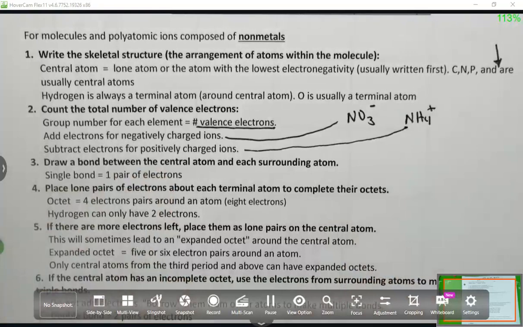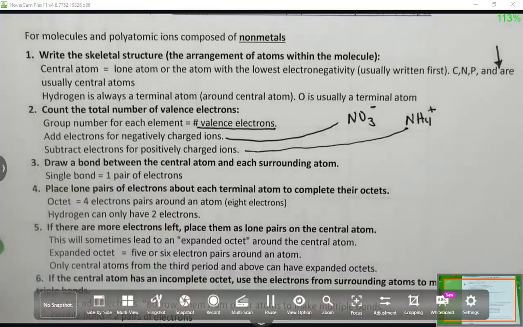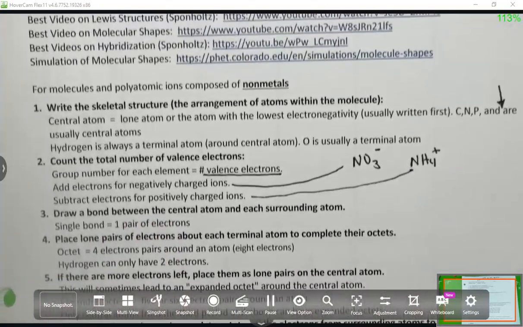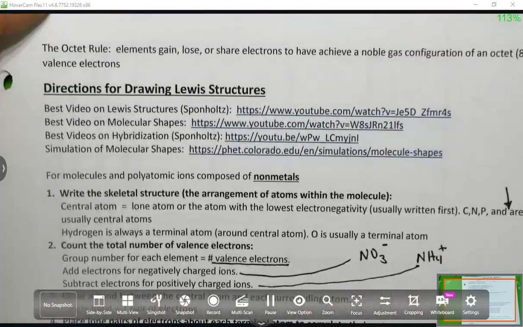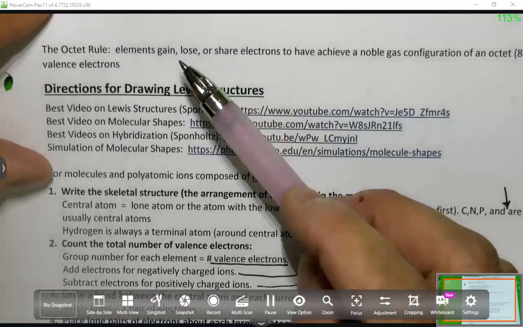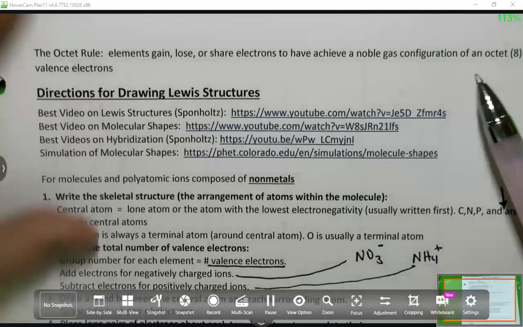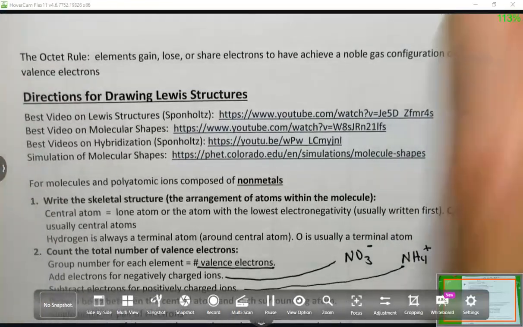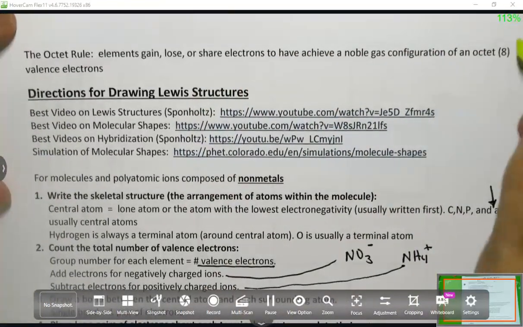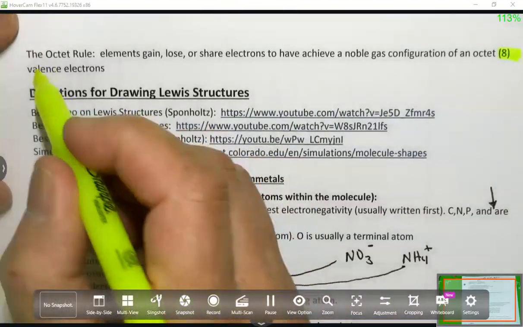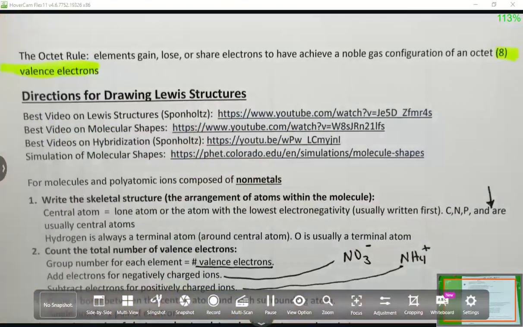The octet rule tells us elements gain, lose, or share electrons to achieve a noble gas configuration of 8 valence electrons. We are always talking 8 electrons. Everybody's happy with 8 valence electrons typically.